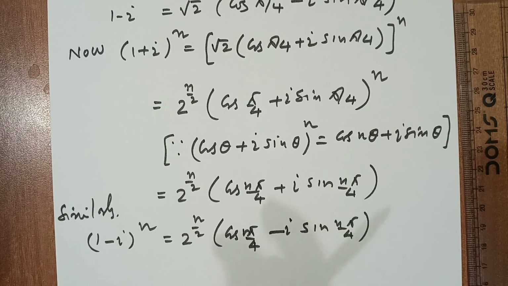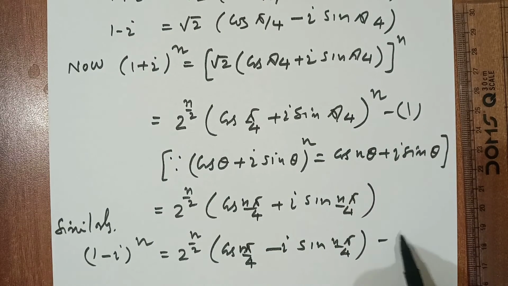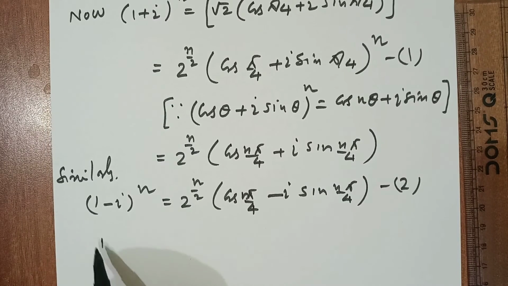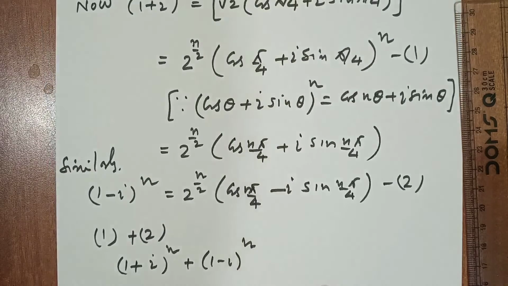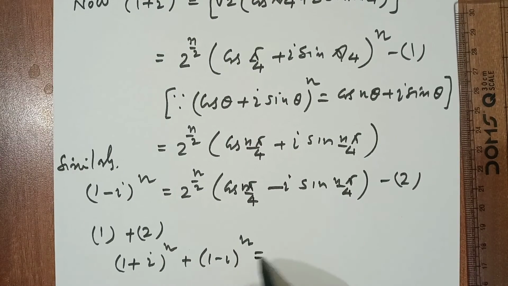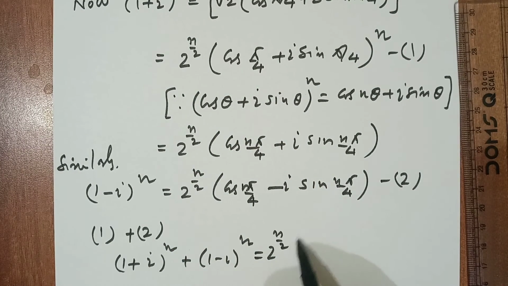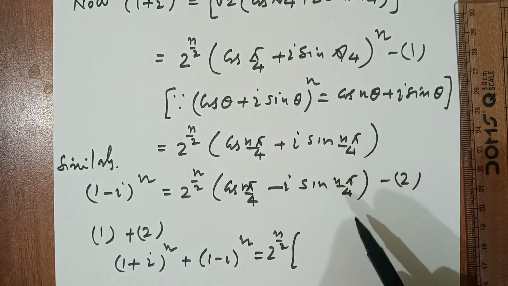Okay, so by adding, this is 1 and this is 2. So by adding 1 and 2, we get (1 + i)^n + (1 - i)^n is equal to, so 2^(n/2) is common, and this is positive and this is negative.